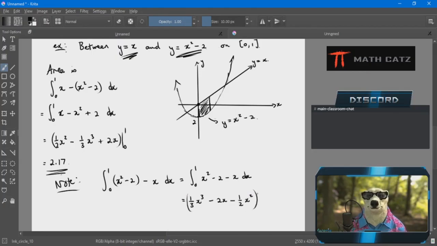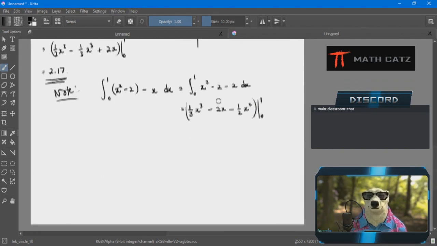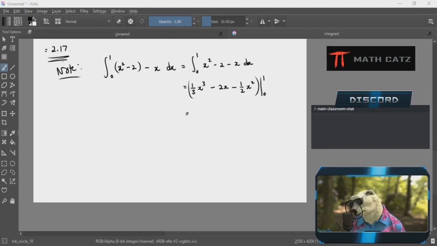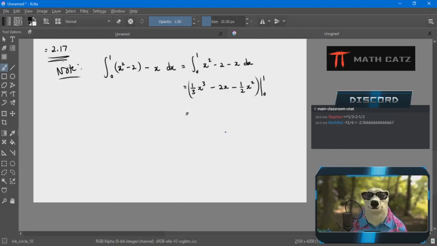And all of that needs to be calculated at 0 and at 1. So then I'm going to plug in 1, calculate, plug in 0, calculate. So let's do that. And I get negative 2.17 if I round.